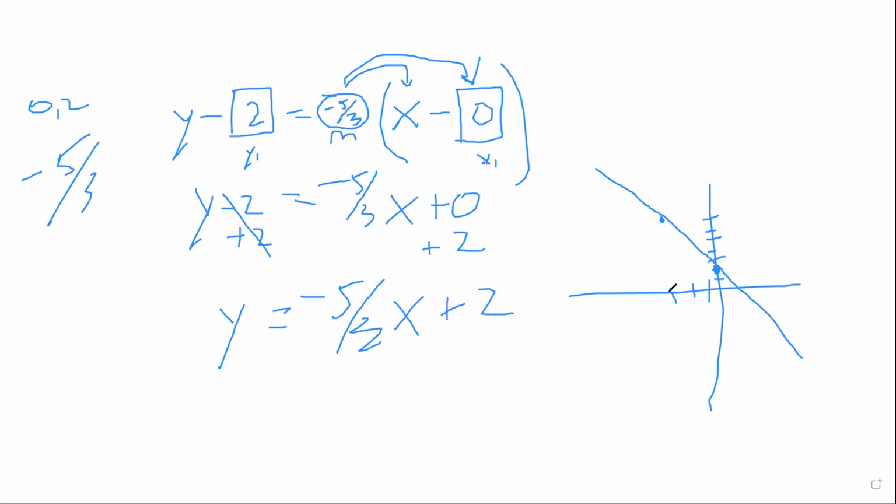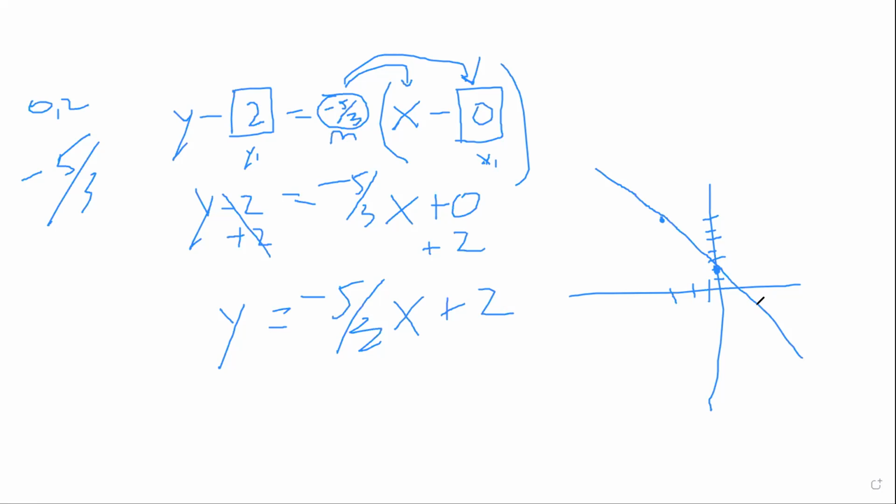I'm talking about the fraction. I get where the 2 went on the line. But the fraction, you would go over 3 on the bottom and then up 5, right? You could do it that way, or I could have gone to the right 3 and down 5.